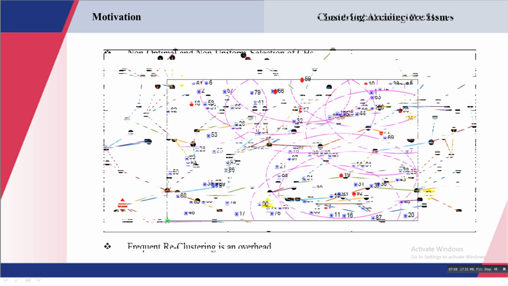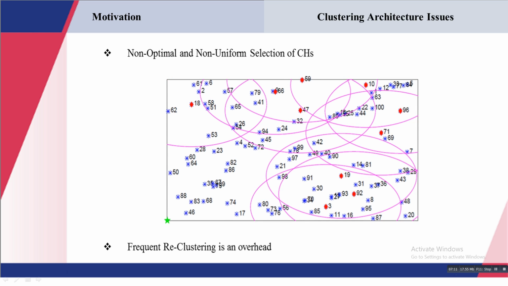And now the second motivation, the second problem that we have worked on with the clustering architecture, that is the non-uniform selection of the cluster head and the frequent reclustering. What this problem says is that the clustering architecture helps us in minimizing the energy consumption, but if the cluster heads are selected in a non-uniform fashion, then there may be chances that some of the nodes will not have any cluster head in their periphery.